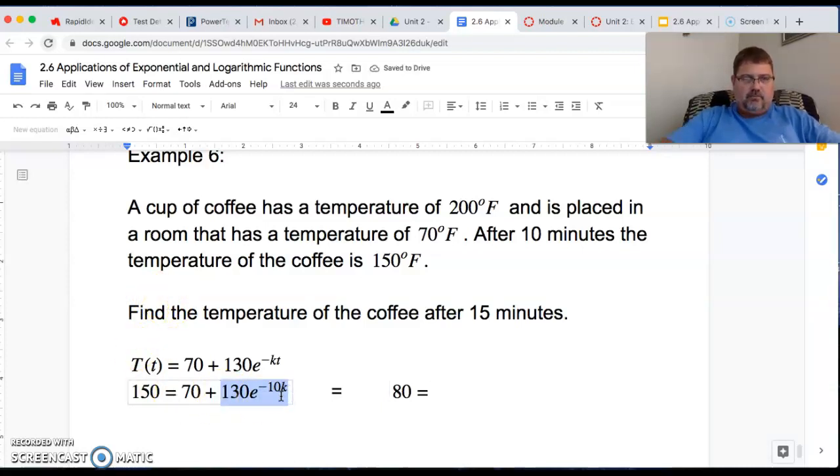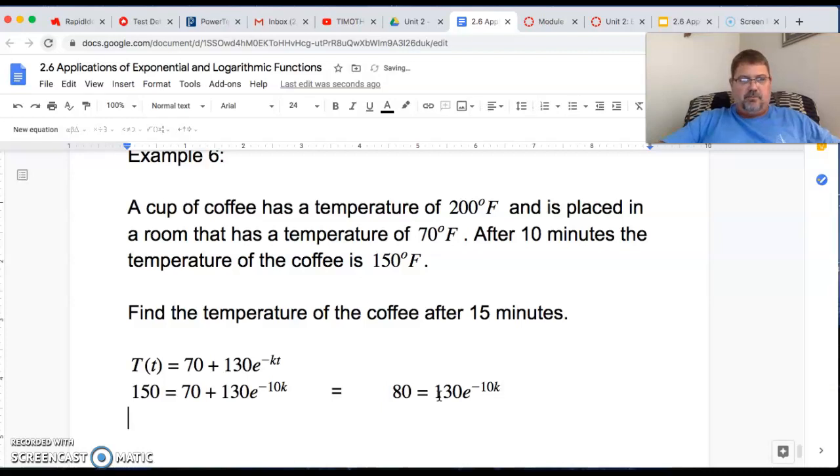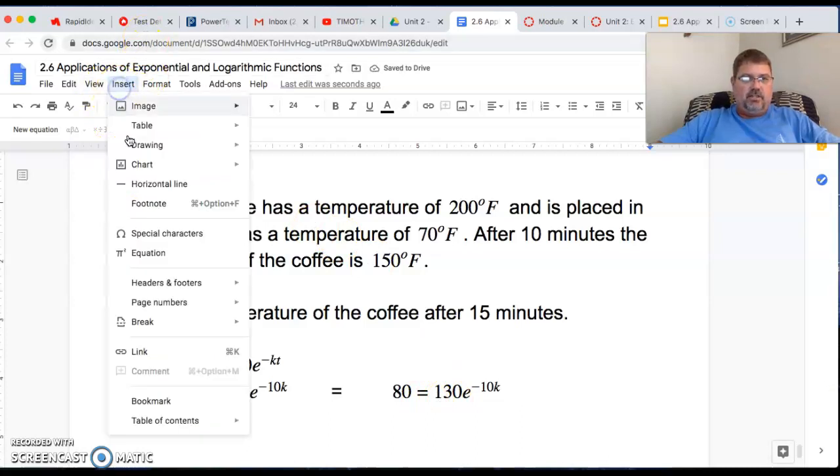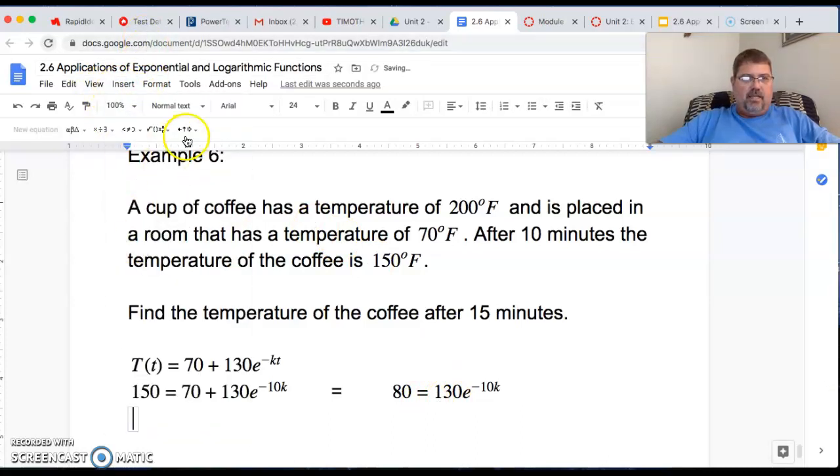We'll just take that and paste it in here. Now when we divide by 130 on both sides, because we want to isolate our exponential expression, we're going to get 8/13. So we're going to insert another equation, and we're going to have 8/13 equals e to the negative 10k.